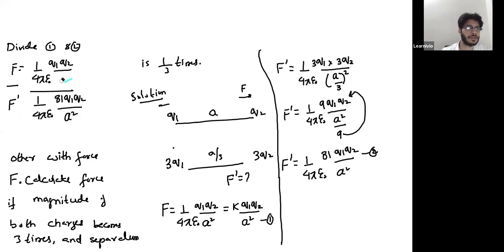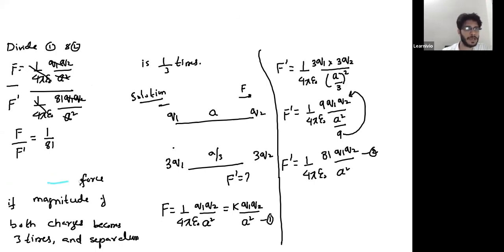Sorry, separation is A, not R. This gets cancelled out. Q1 Q2 gets cancelled out. A square gets cancelled out with A square. So F over F prime is 1 by 81. If you cross multiply them, you will get F prime is 81 F.